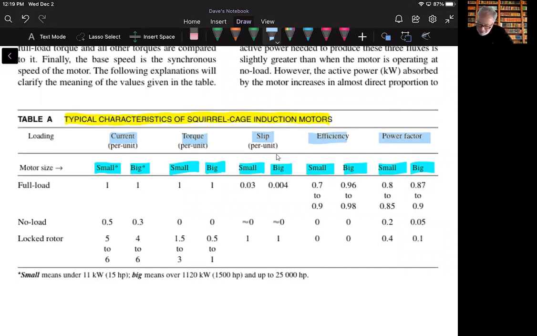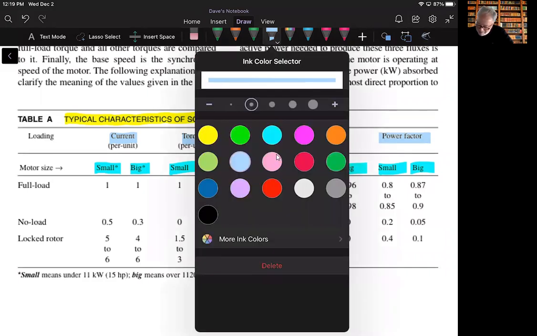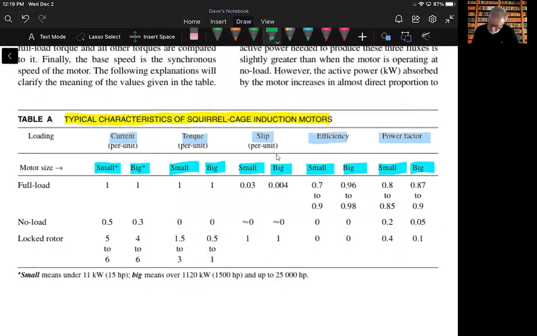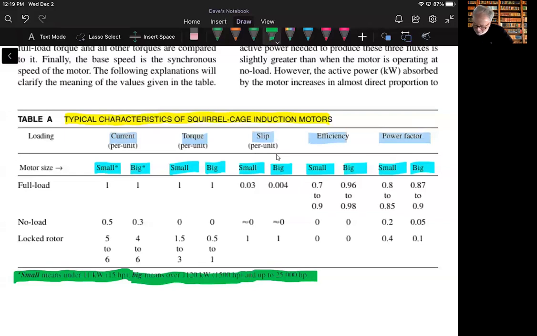We're going to look at each one of those factors. It's kind of interesting to note, and it's brought up in the discussion as well, that a small motor means anything under 15 horsepower. Now, 15 horsepower is a pretty good size electric motor. And a big motor means anything over 1500 horsepower, up to 25,000 horsepower. So you look at that and go, well, wait a minute.